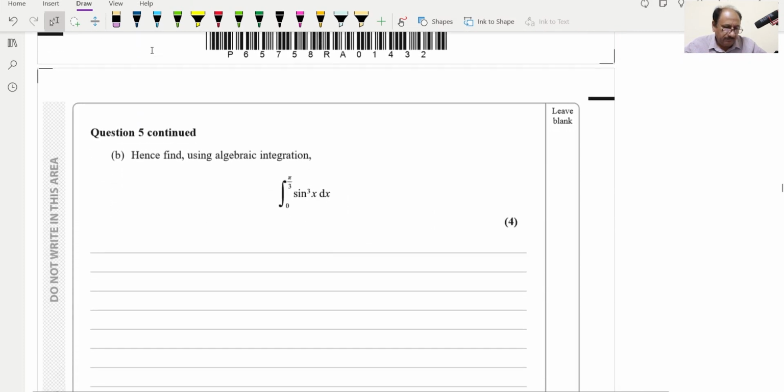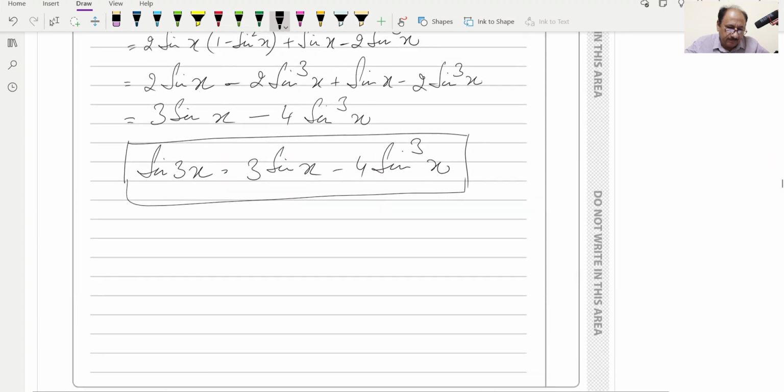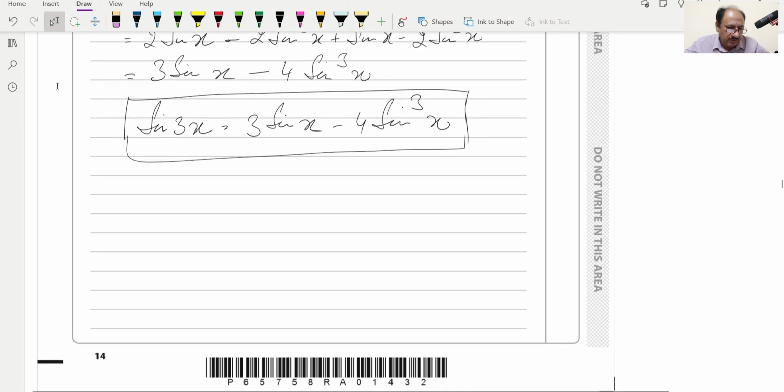And now part B I have copied here for you: hence find using algebraic integration. We have to prove this. This integration is a 4-mark question. So the result which we have just proved in the previous part, sine 3x is equal to 3 sine x minus 4 sine cubed x, I will be taking from here.